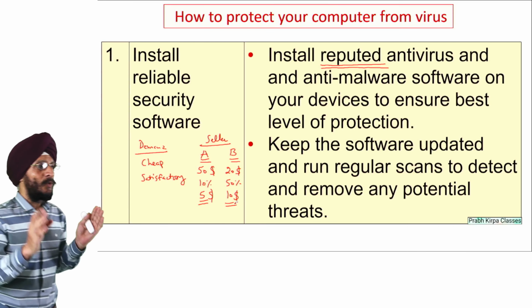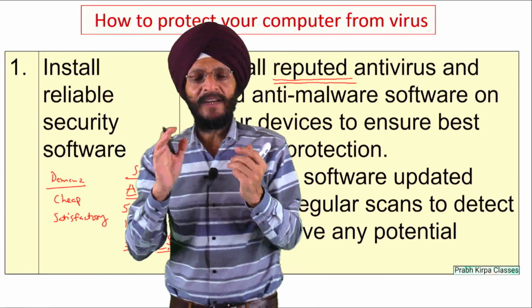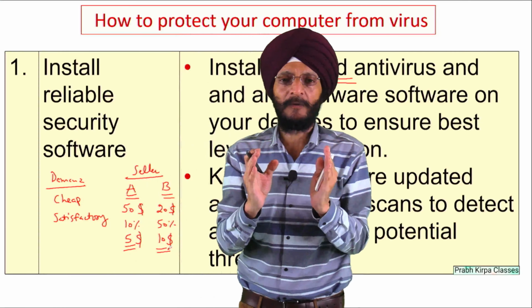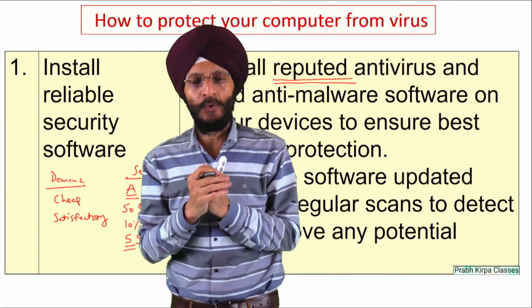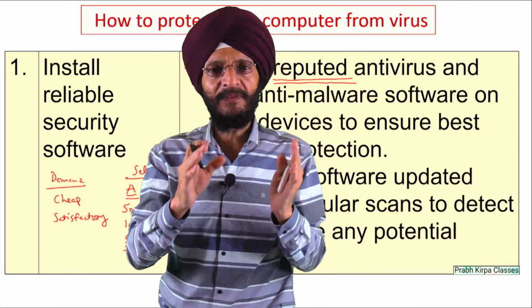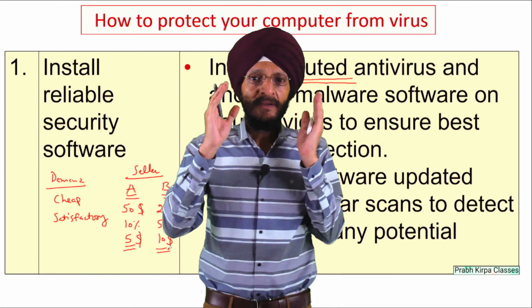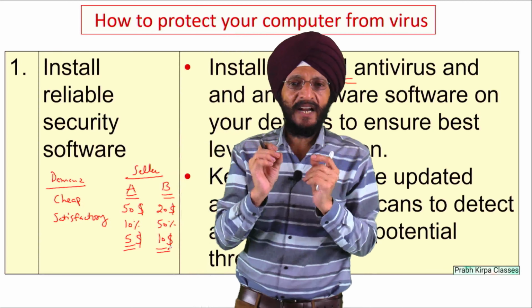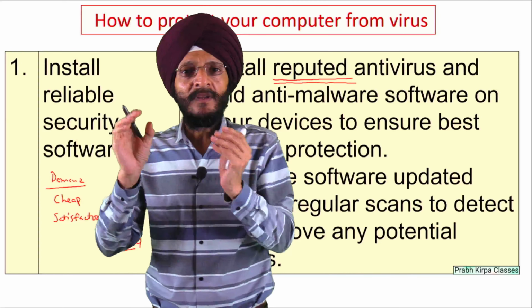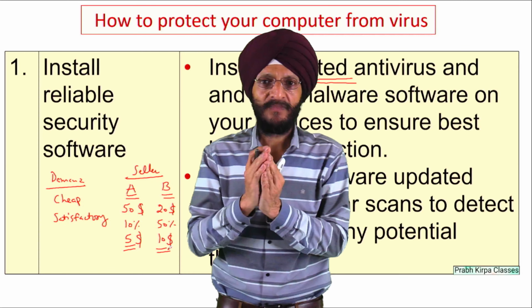So now you are intelligent enough to find out what type of product the seller will sell to you. Here the maxim of let the buyer beware comes into play. We should be wise enough to decide which type of antivirus or anti-malware we have to purchase.